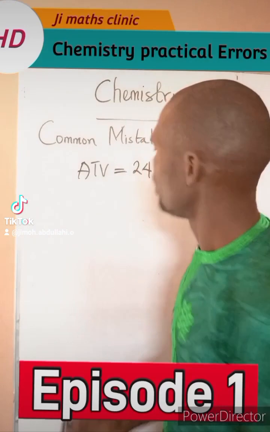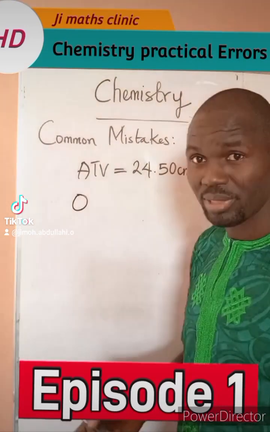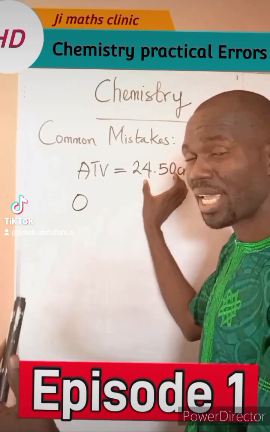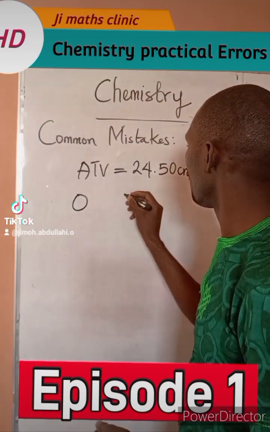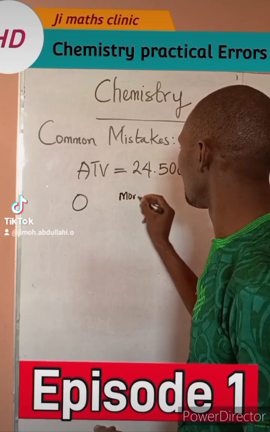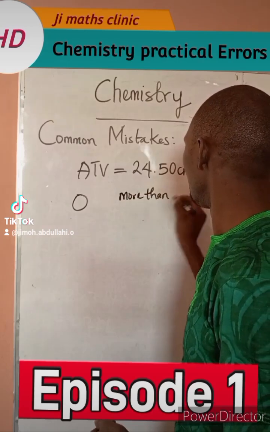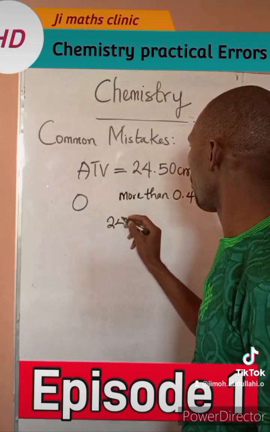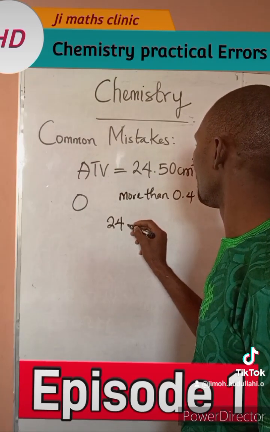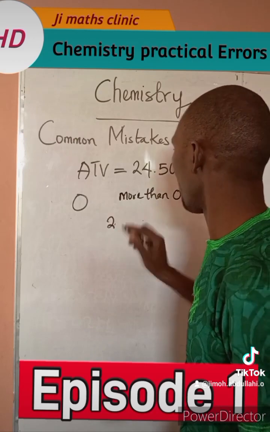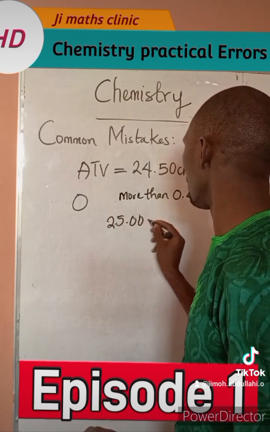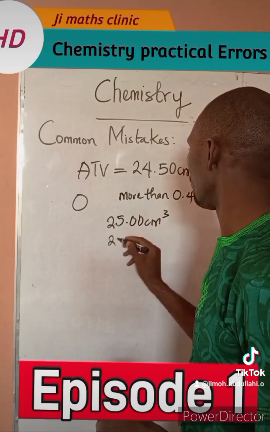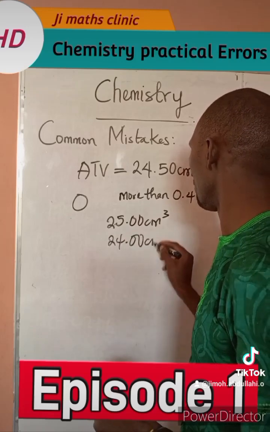Lastly, you can end up scoring 0 despite the fact that you have this as what your school is sending to WAEC, and your own is now more than 0.4. Let's say your own is 25.00, or your own is 24.00.